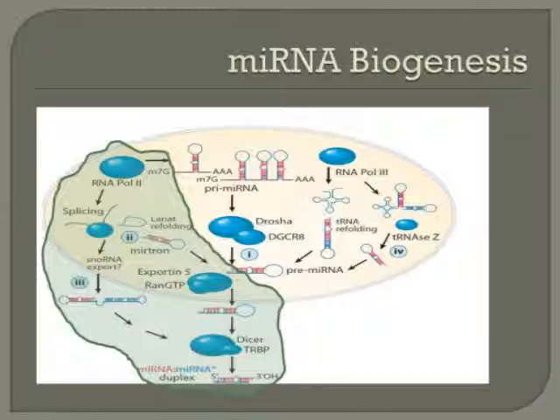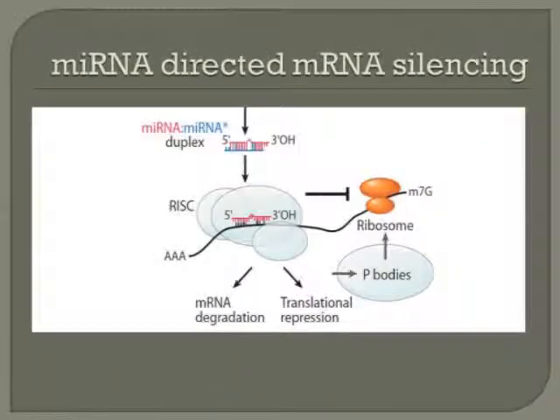Next, I will talk about how microRNA can silence or reduce the expression of mRNAs. So microRNAs that are incorporated in the RISC complex bind to the 3' untranslated region of the mRNA, either with perfect complementarity or imperfect complementarity.